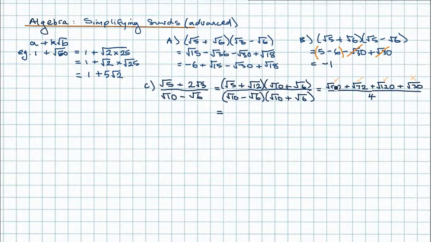So now to complete our simplification, we are pulling out 25 here, so that will give us 5 root. So 2 times 25 gives us 50, so 5 root 2 equals root 50. Here we're pulling out 36, so that's going to be 6, and 2 times 36, so it's 6 root 2.